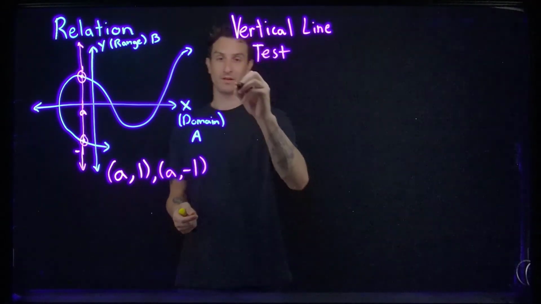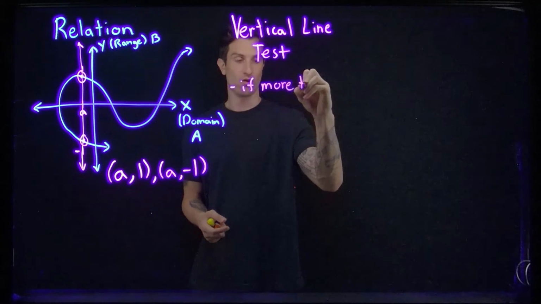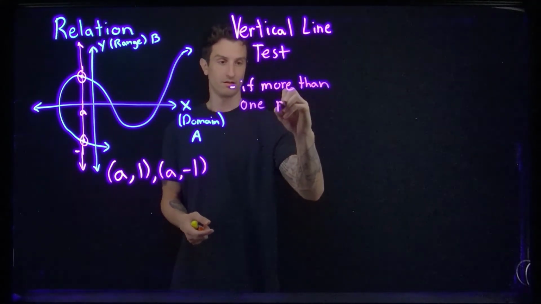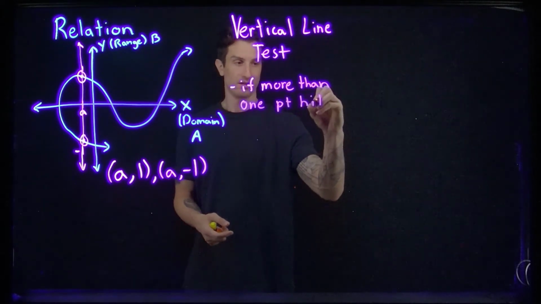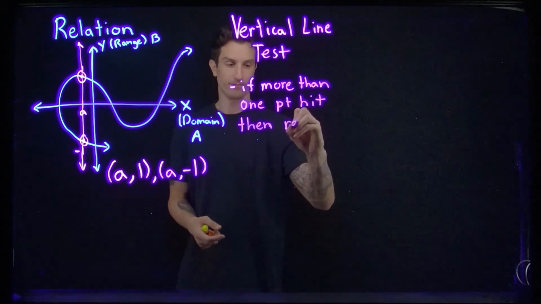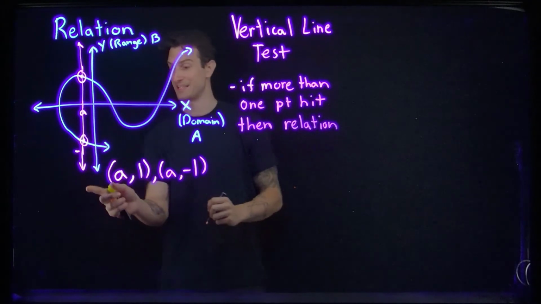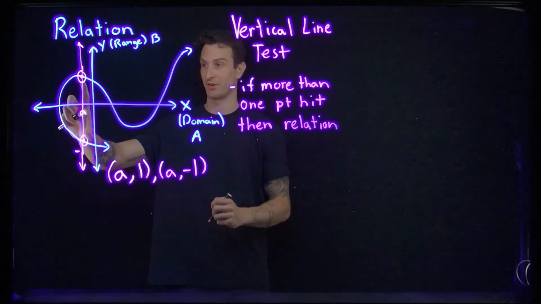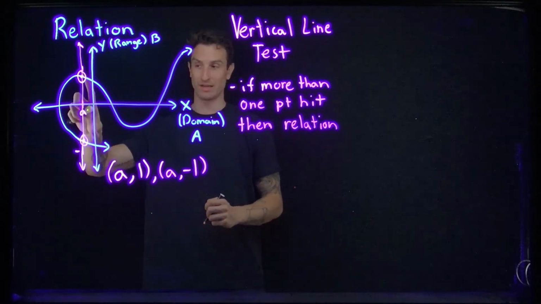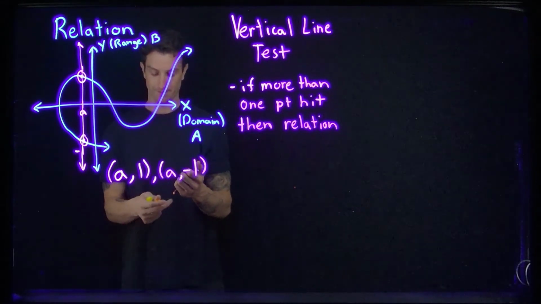So I'll just say if more than 1 point is hit, then this is just a relation. In this case, this hits 2 points. It can hit more than 2, but 2 points is all we need. Then we know it's not a function. It's just considered a relation.